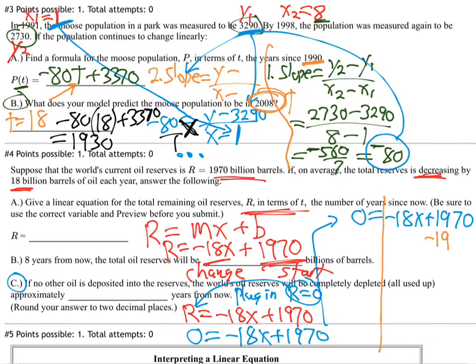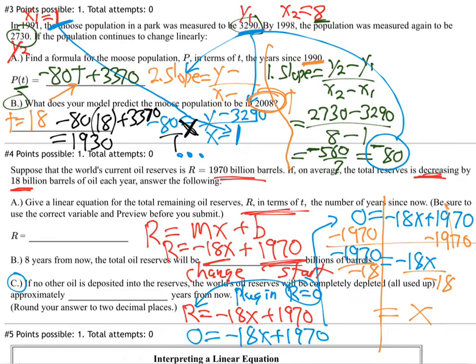You guys are getting used to these, doing a lot of these, huh? Minus the 1970. So that'll be minus 1970, if you can see my writing there. Last step to get x alone? Divide by negative 18. Somebody have that on the calculator?